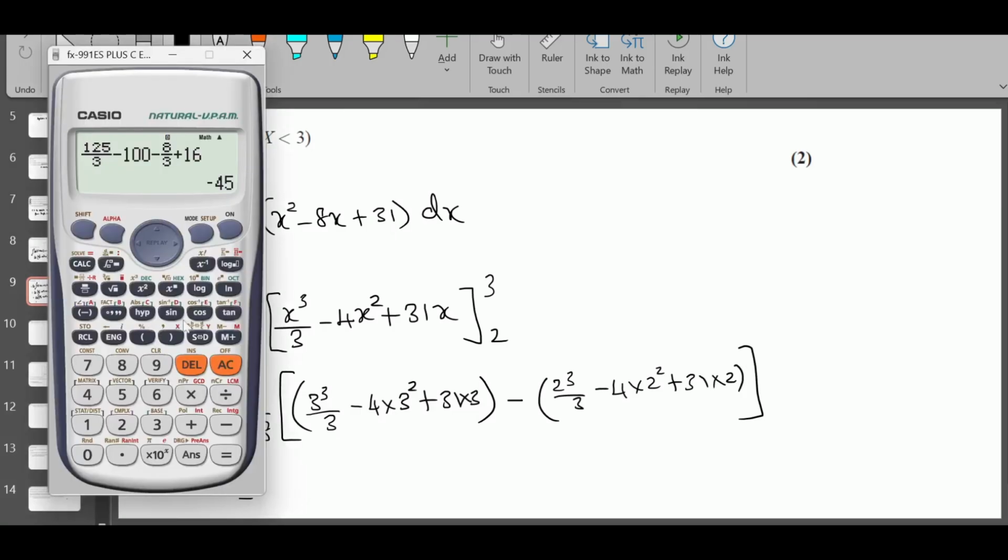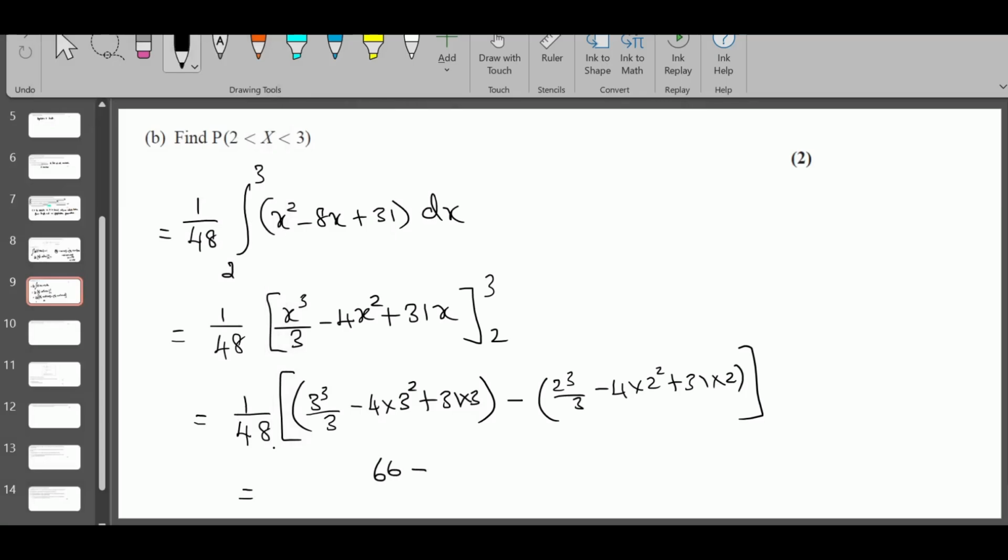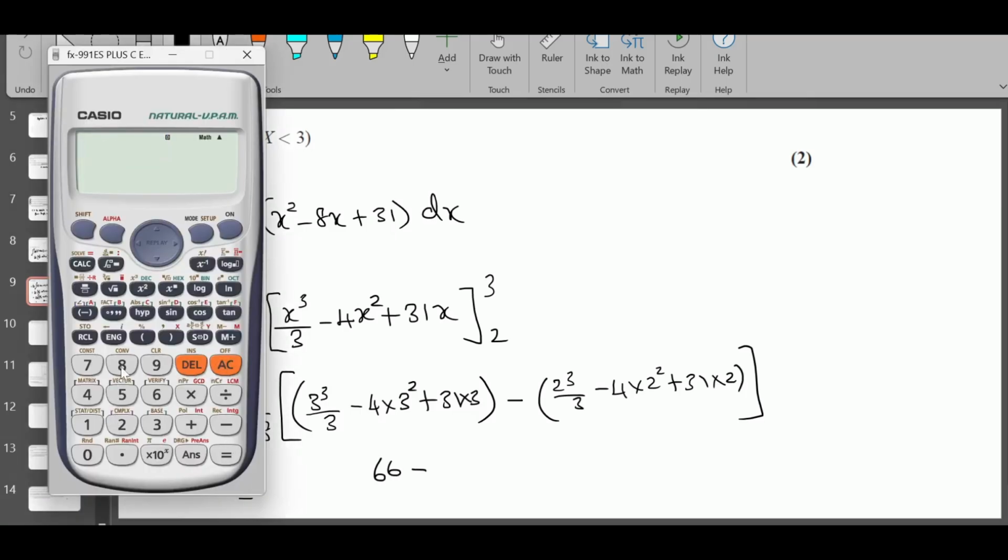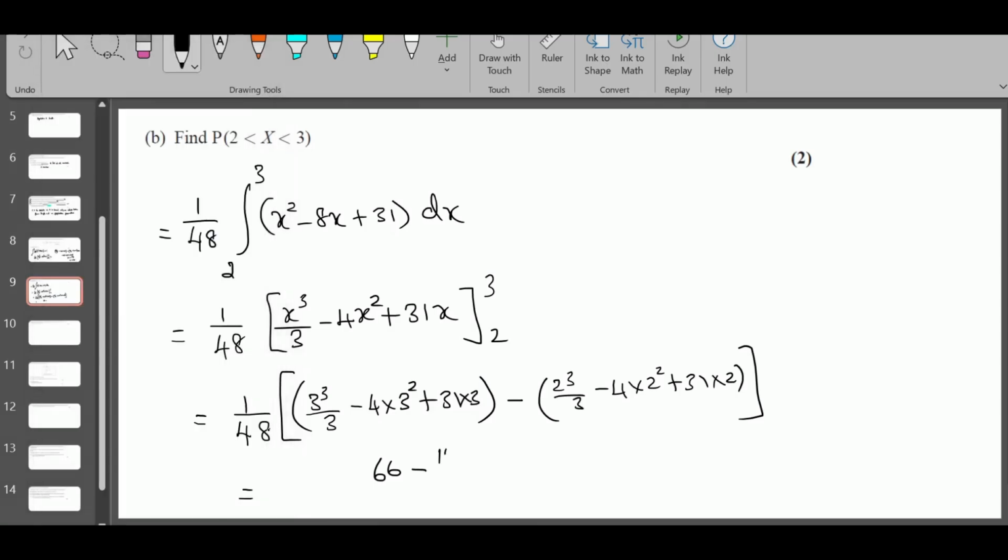So let's simplify this. 3 cubed over 3 is 9, minus 4 nines are 36, plus 31 times 3, that's 66, minus 2 cubed over 3 is 8 over 3, minus 4 fours are 16, plus 2 times 31 is 62, which is 146 over 3, times 1 over 48.